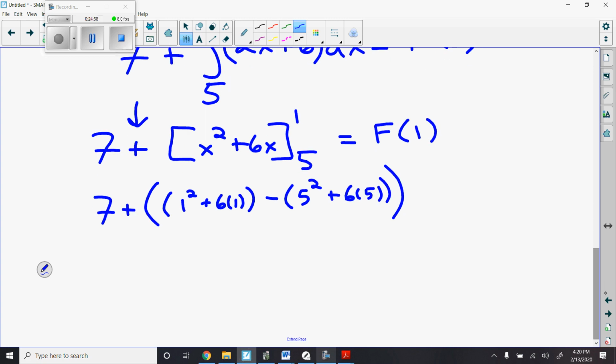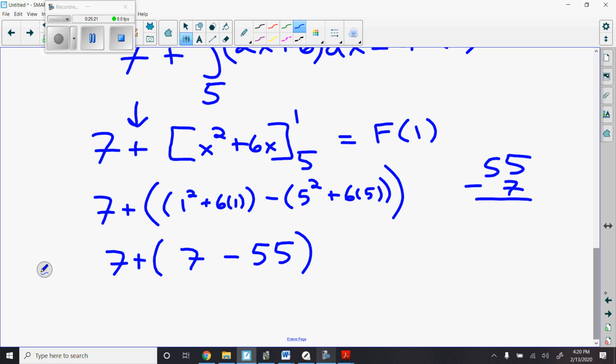Solving it out, solving parentheses first, I've got 7 plus. 1 squared is 1, 1 plus 6 is 7. 5 squared is 25. 25 plus 30 is 55. 7 minus 55 is negative 48.